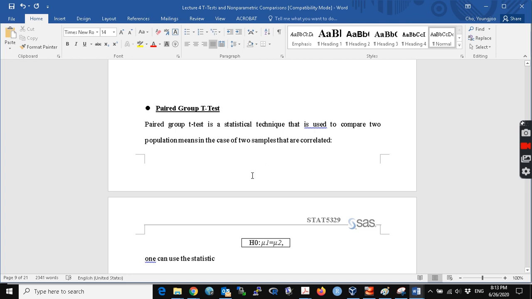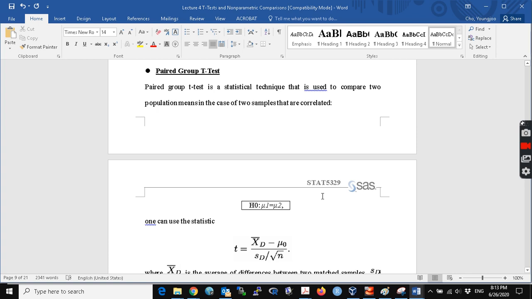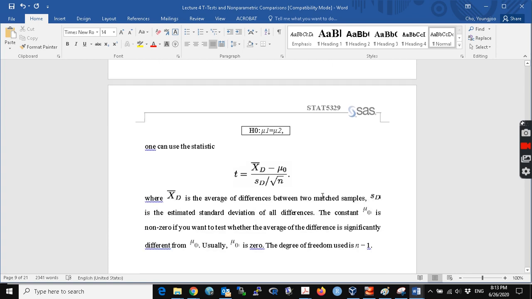For example, the mean blood pressure before the treatment and after the treatment, then we use the paired group t-test.